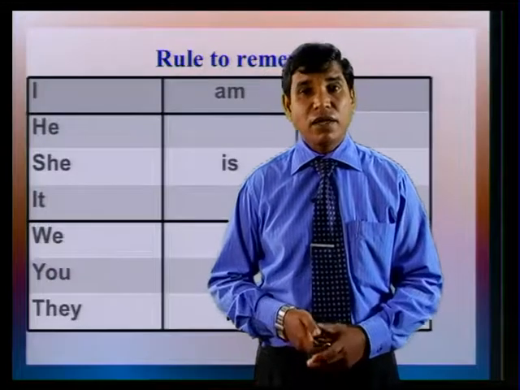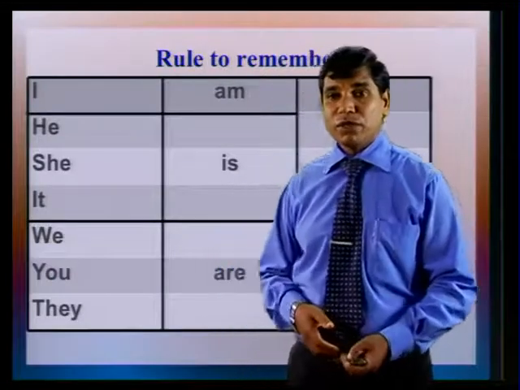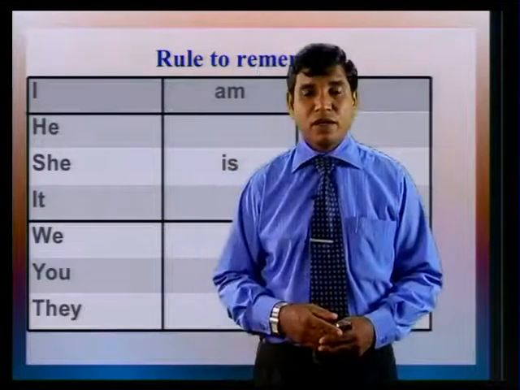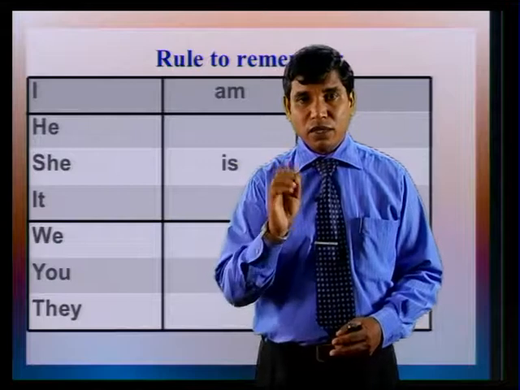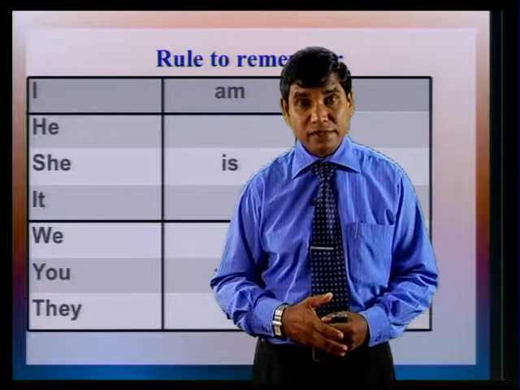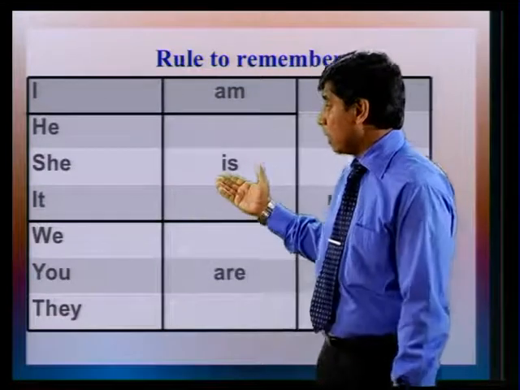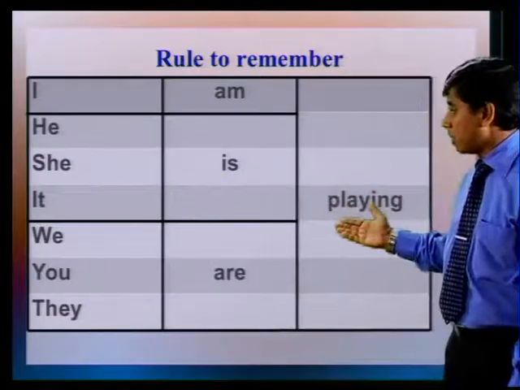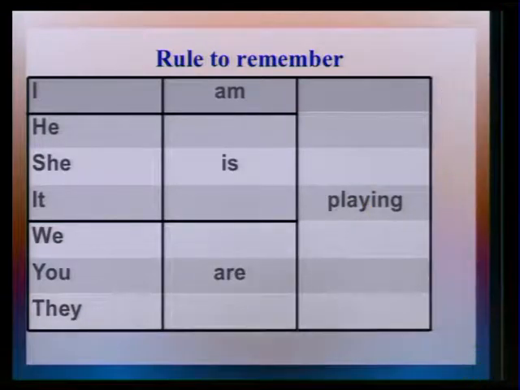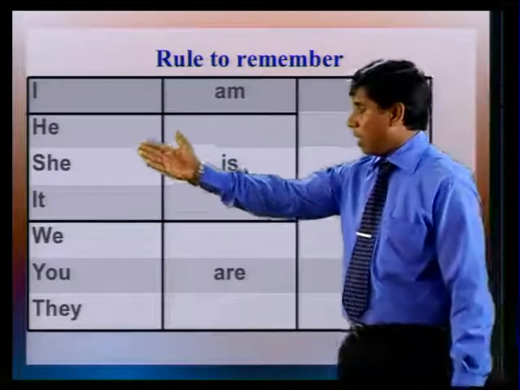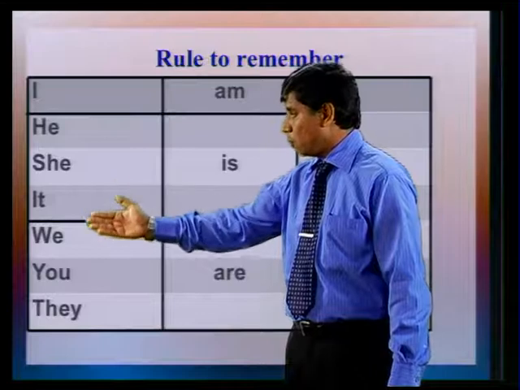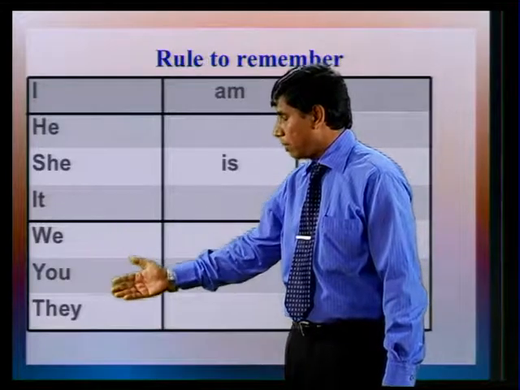Right. Now, the rule that you have to remember. I'll tell you a specific rule that you have to remember when making sentences like this, using ing verb. Look here. So you can start the sentence using I, he, she, it, we, you, they.